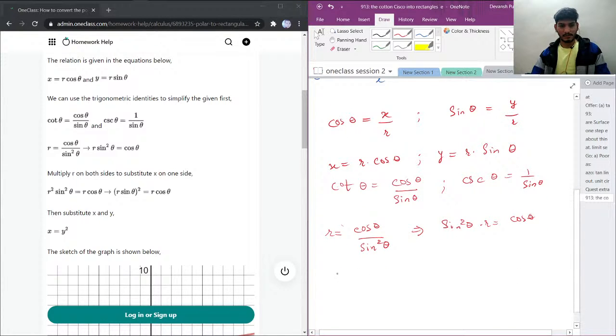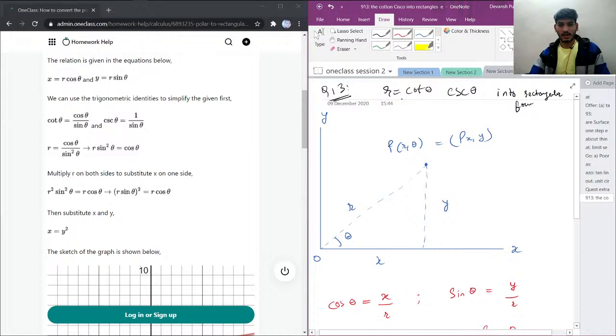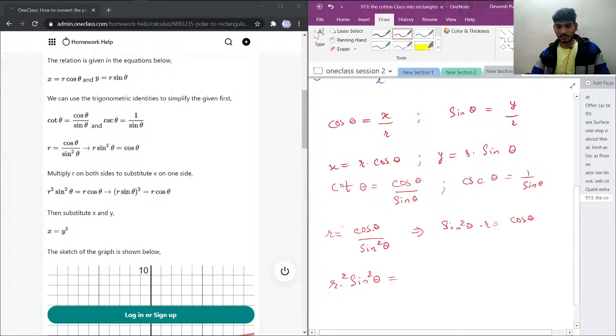Let me see, they are multiplying both the sides with r. Okay, now I got it. I'll just multiply both the sides with r in this equation. So r square sine square theta. The original equation was r equal to cotangent theta cosecant theta, so we had r as cosine theta over sine square theta.